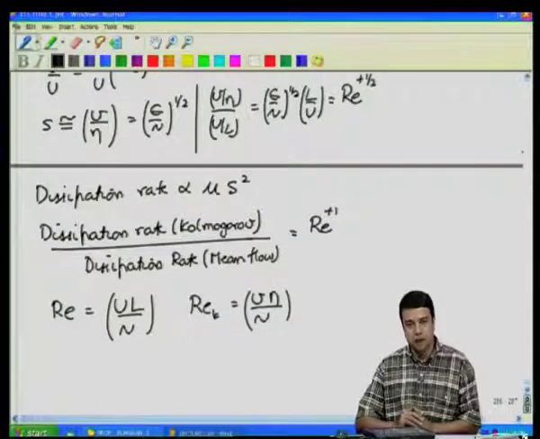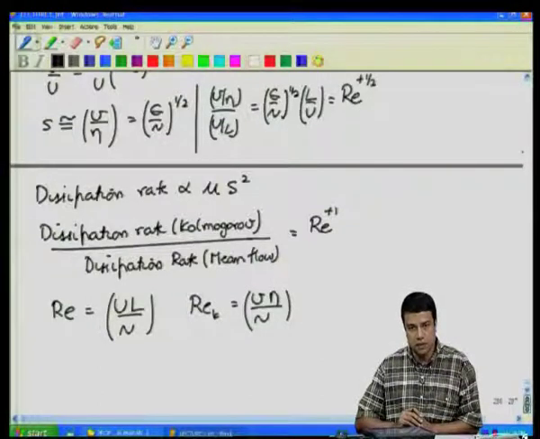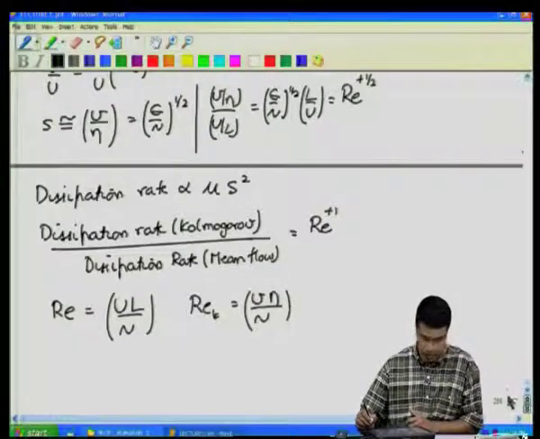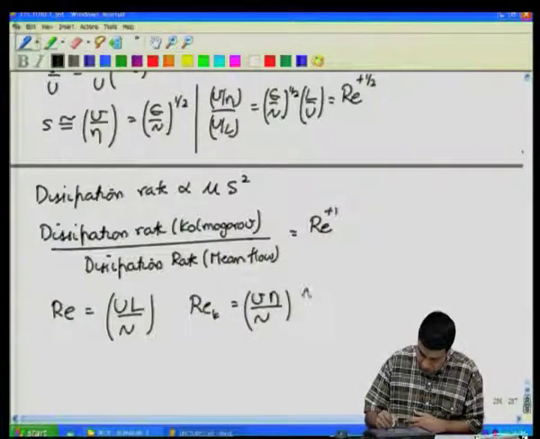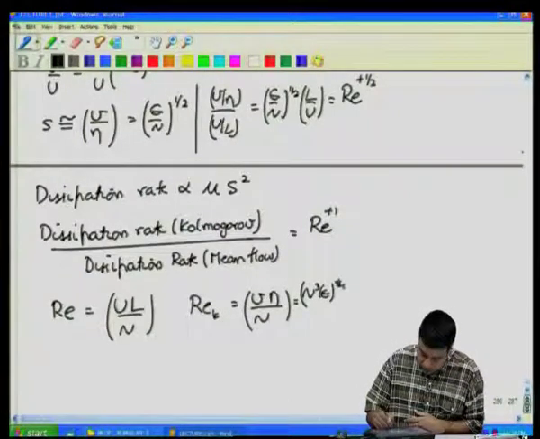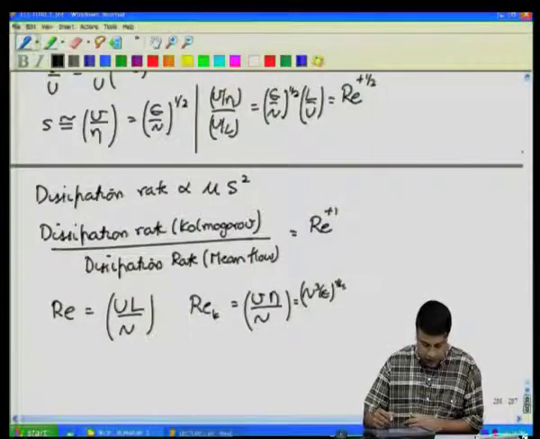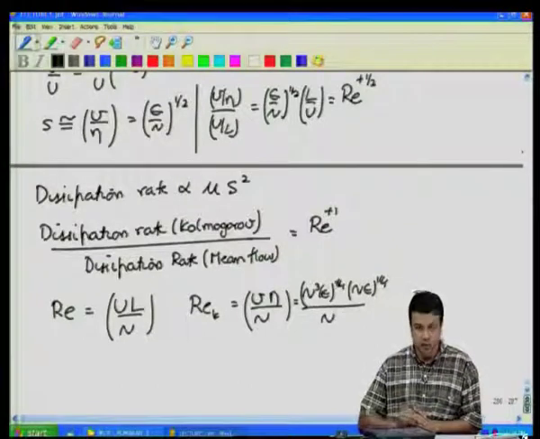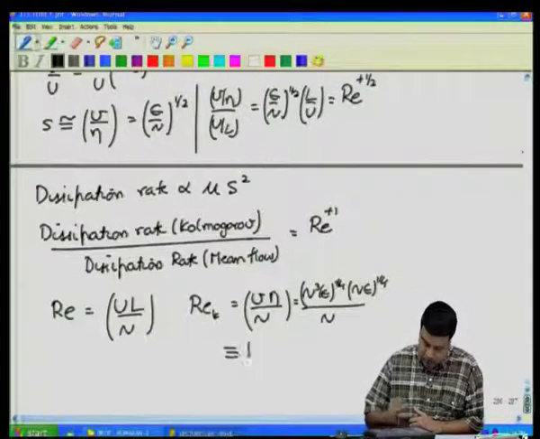And as we know, eta is given by (nu cubed by epsilon) power 1/4, and V is given by (nu epsilon) power 1/4. So V eta by nu, as you can see, is equal to 1.